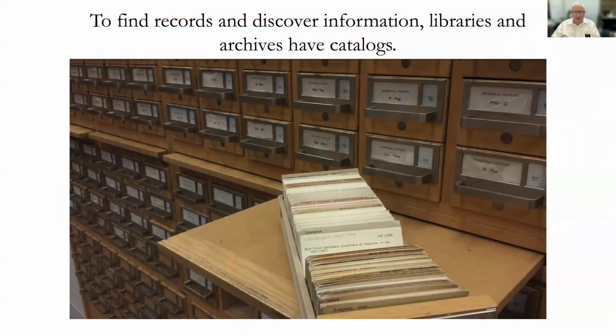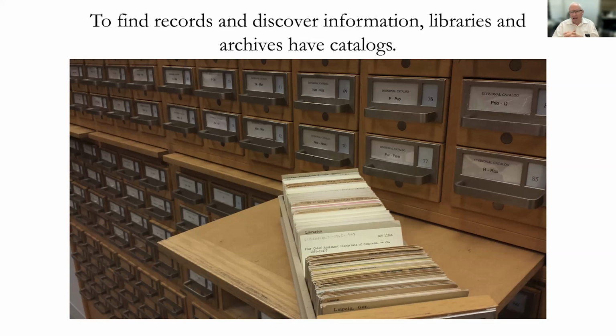So let's jump to when you go to a library or archive. The information in the library is cataloged. The idea of a catalog is that the catalogers create categories for dividing up the physical location of their records. You want all the records in this category over in this spot, all the records in this category in another place, and all the records over here.